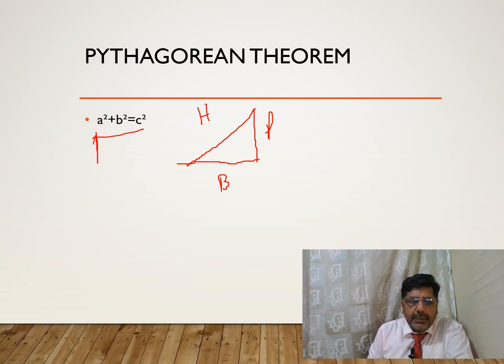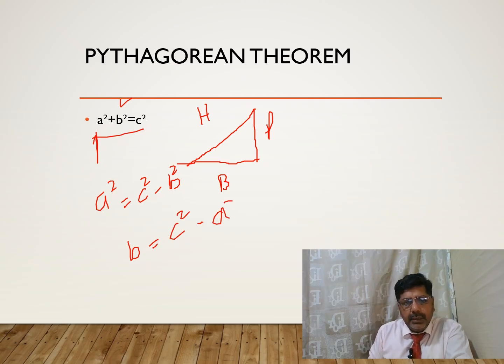If you want to find a, a squared equals c squared minus b squared. If you want to find b, b squared equals c squared minus a squared. And if you want to find c, c squared is equal to a squared plus b squared.